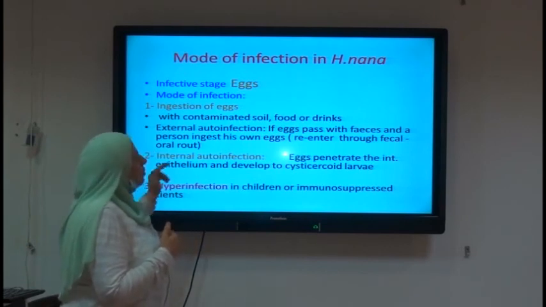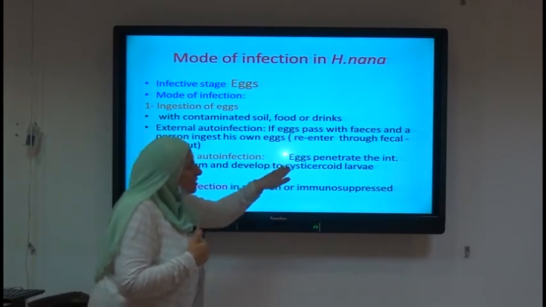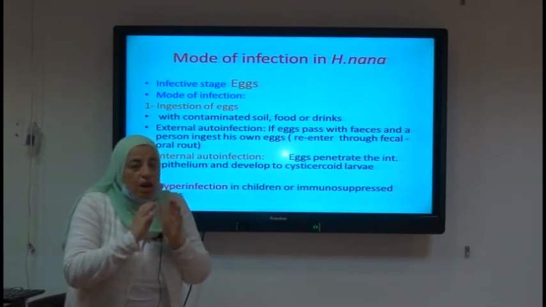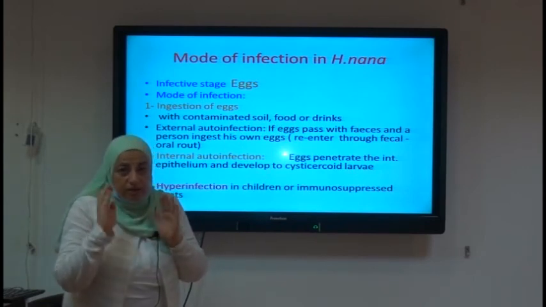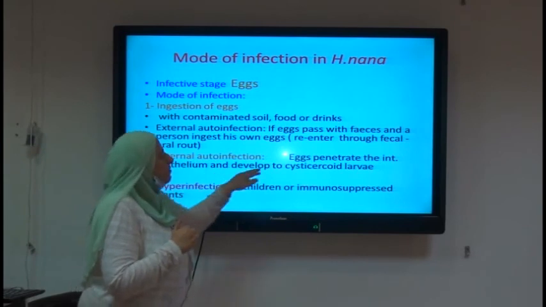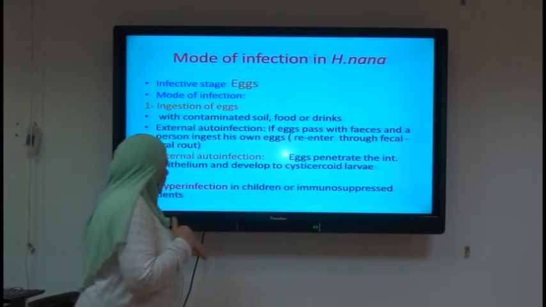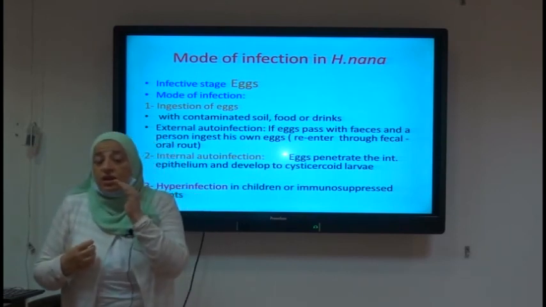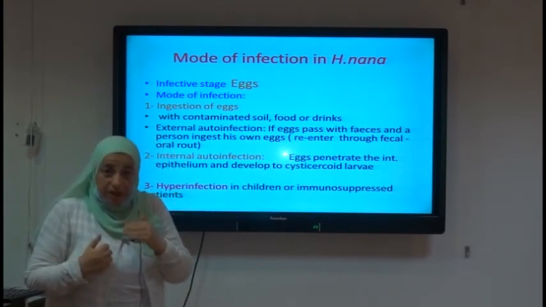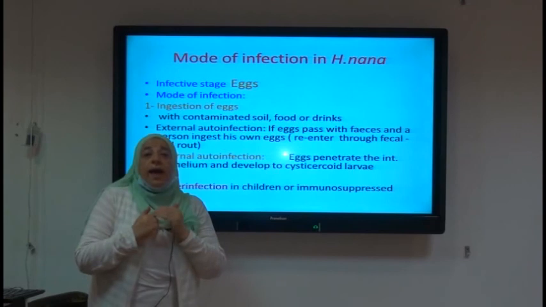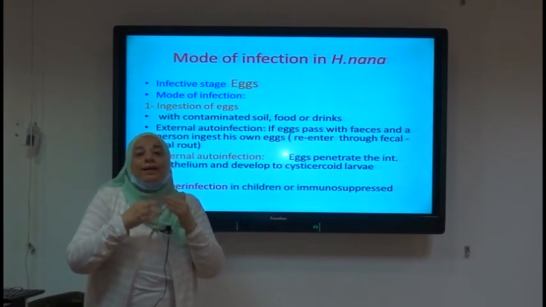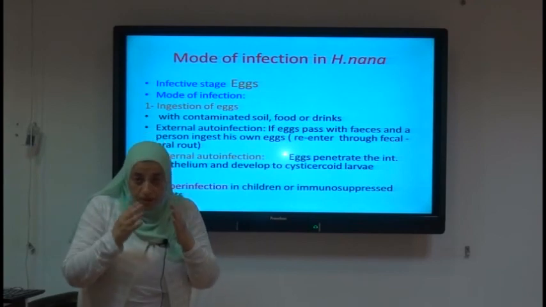Or internal auto-infection, which means that the eggs penetrate the intestinal epithelium without needing to go outside the body and develop into cysticercoid larvae. Hyperinfection, as we said, occurs in immunosuppressed persons, and this will lead to a great, severe infection.